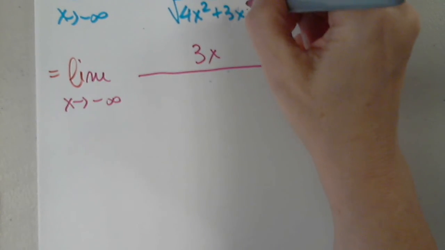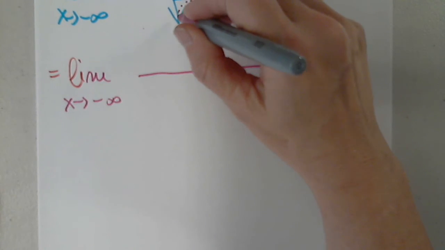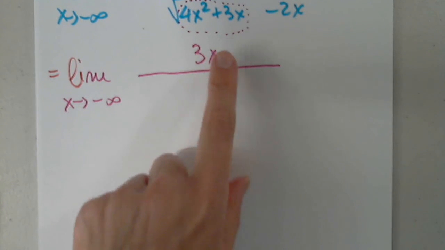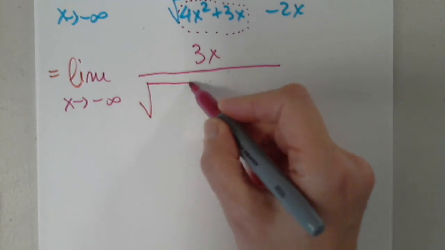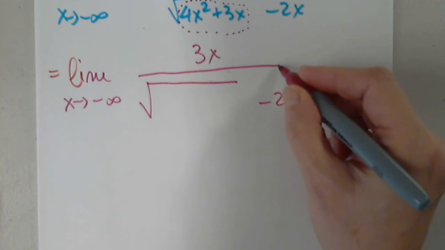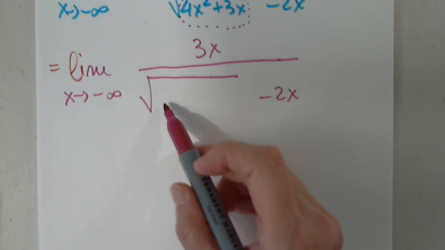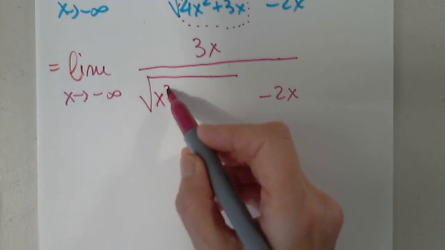But now I have to come back here. And you'll tell me what I have to factor out and what is the degree of the inside. X squared. Excellent.